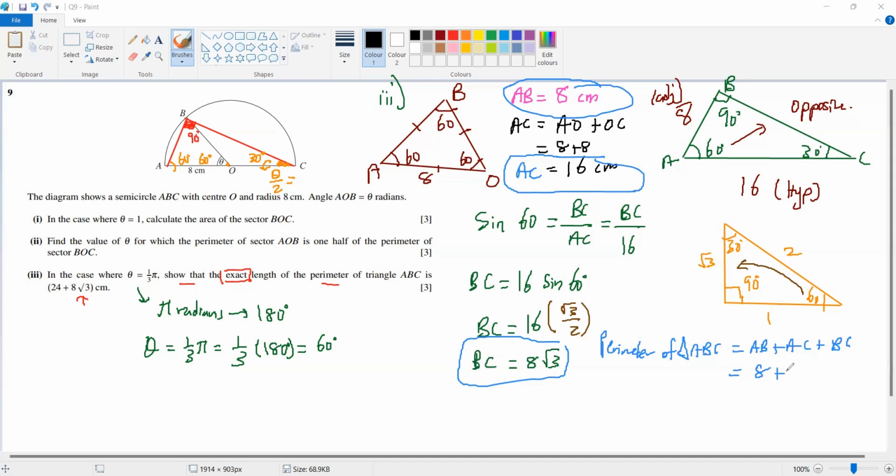AB is 8, AC is 16, and BC is 8 root 3. When you simplify this, 8 plus 16 is 24, plus 8 root 3. Then just copy how they wrote it, with a bracket like that. CMQED, end of proof. That's one advantage of this kind of question: because they ask you to prove it, we can check immediately that it's correct. Thank you.